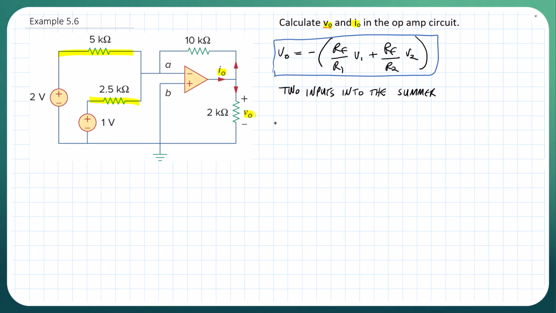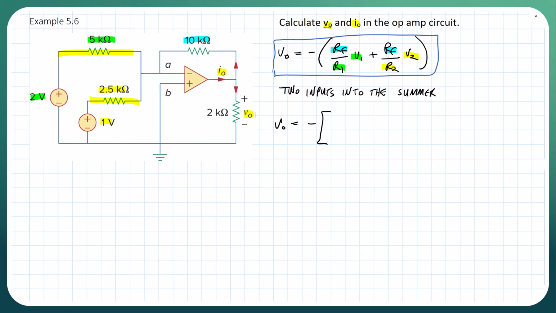V0 is going to equal minus, our feedback resistance here is going to be our 10 kilo ohms. My R1 is going to be 5 kilo ohms, V1 2 volts, my R2 is going to be my 2.5, and V2 is going to be my 1 volt.